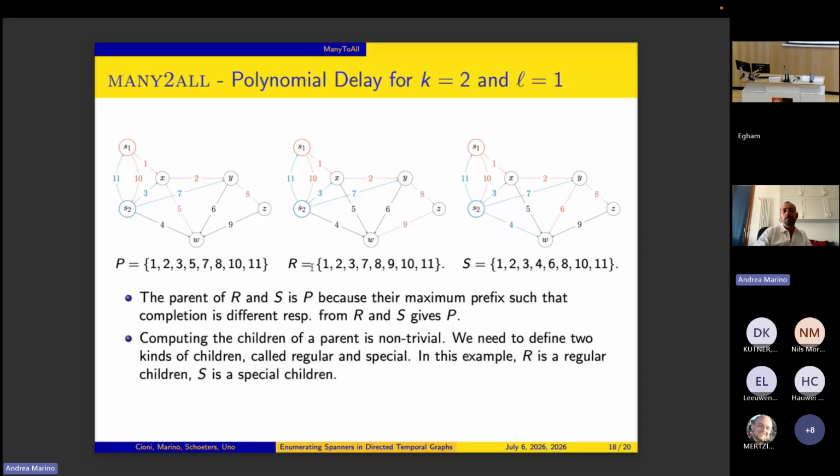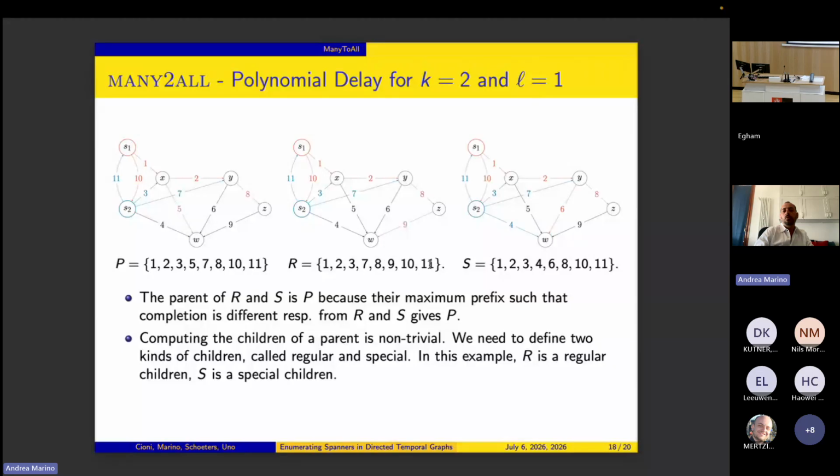Why are they children of P? Because in their canonical representation, that is the ordered set of the edges that are composing them, the parent of R and S is P because of their maximum prefix: I start from the end and I apply the completion procedure that I showed you, and it's the first time that I am reaching something different from themselves.